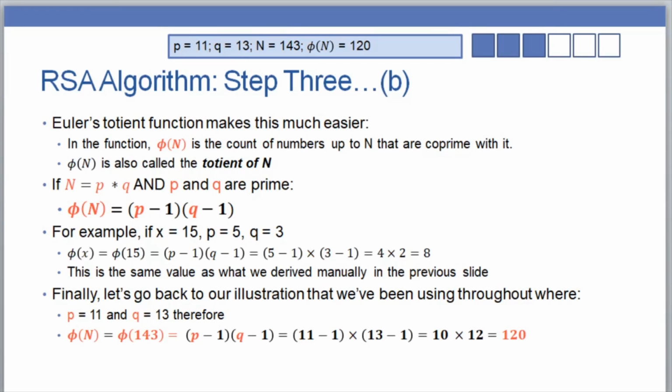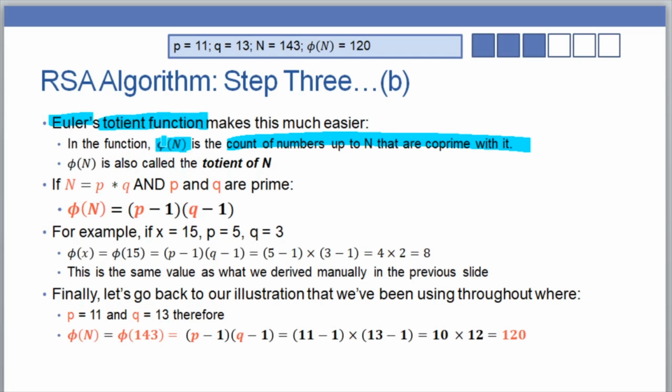Therefore, in order to get around this, mathematicians have found a shortcut for counting the coprimes. Euler came up with a mechanism that can easily calculate the count of numbers up to n that are coprime with it. This is called Euler's totient function, wherein phi n is the count.